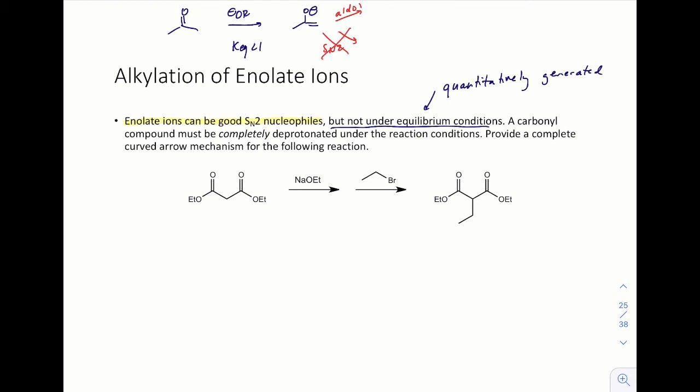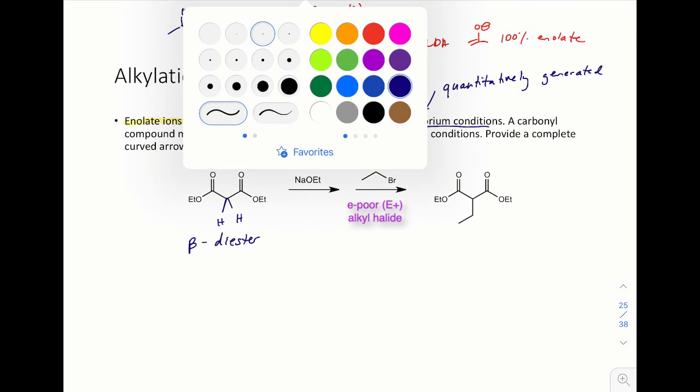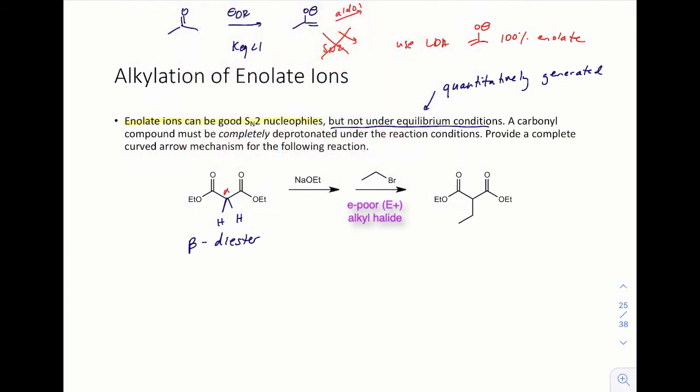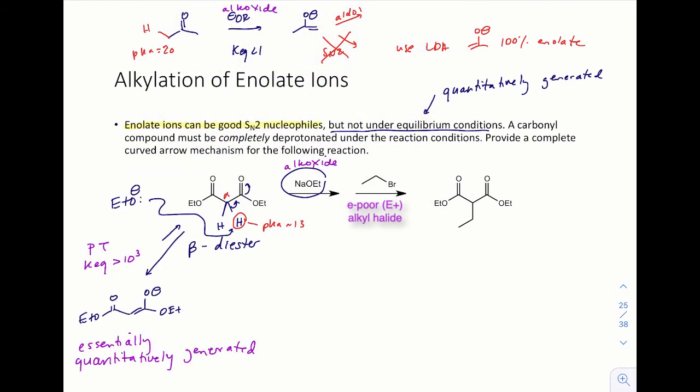So for SN2, we actually had to use LDA to quantitatively generate the enolate and then do stuff with it. Now, if we think about a beta diester or beta ketoester, the pKa of the doubly alpha carbon is much, much lower than that of a normal ketone. And so when it is treated with an alkoxide base, the enolate is essentially quantitatively generated because the equilibrium constant is much greater than 1. And now this enolate is an excellent nucleophile in SN2 reactions.